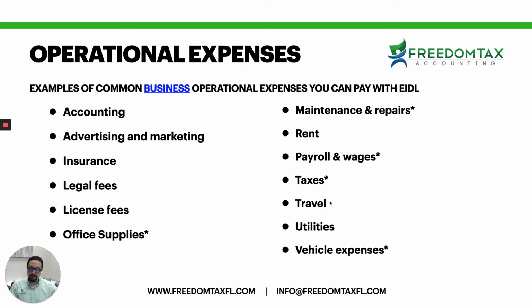Okay? Business travel, utilities for a business location. So if your business rents or has a business location, you can pay the utilities of the business. If you're self-employed and work out of your home, you cannot pay the utilities from your home. Vehicle expenses of the vehicles that are under the business name.